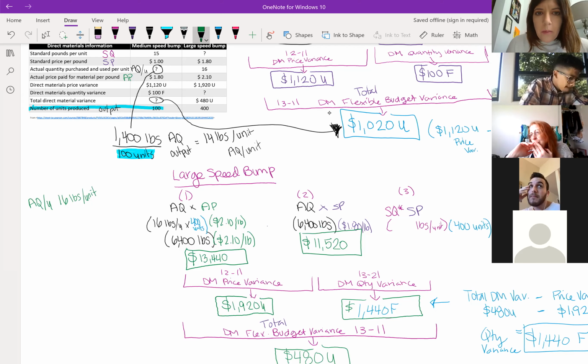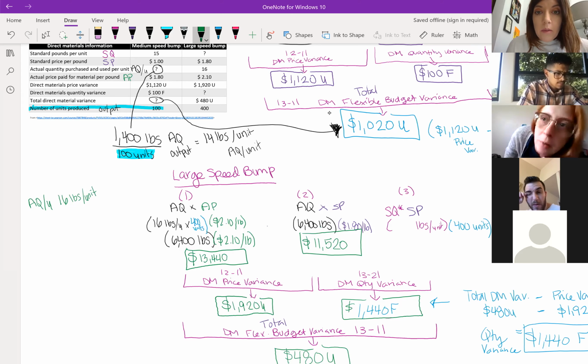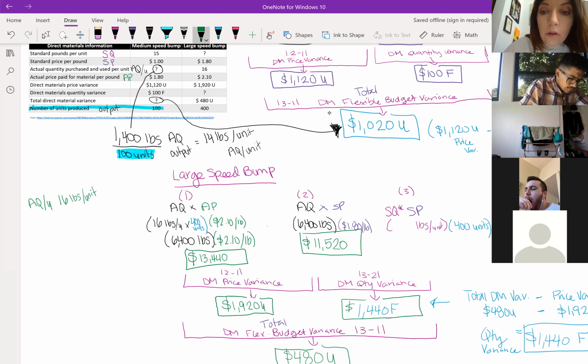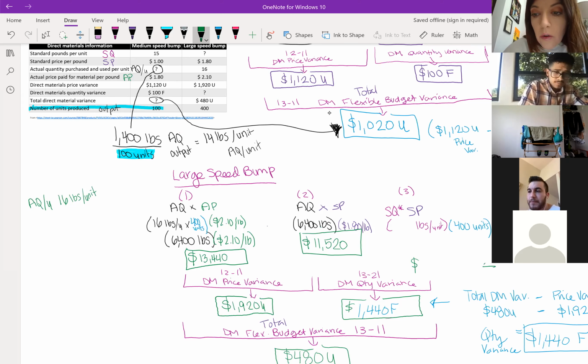if we know the middle part, part 2, is 11,520, and you have a quantity variance that's 1,440 favorable, what does the standard quantity times the standard price have to be? The total. 11,520 plus 1,440 favorable because it needs to be higher by 1,440.